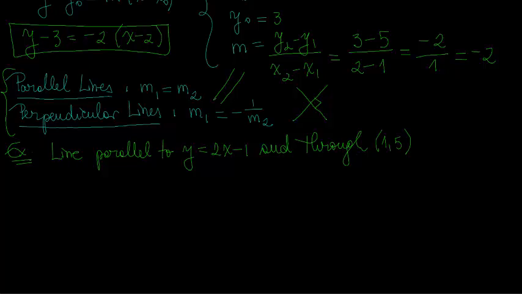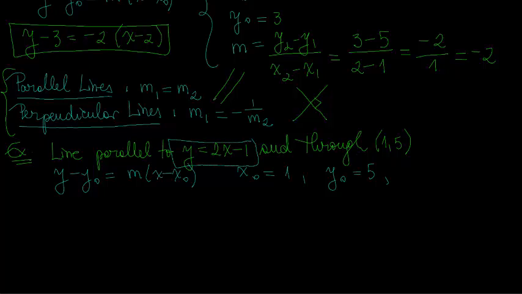So as before, we have the point slope form equation of the line, and we're trying to find x0, which in this case is 1, y0, which in this case is 5, and then the slope, which we're going to retrieve from the fact that the line we're after is parallel to the line of equation y is 2x minus 1.